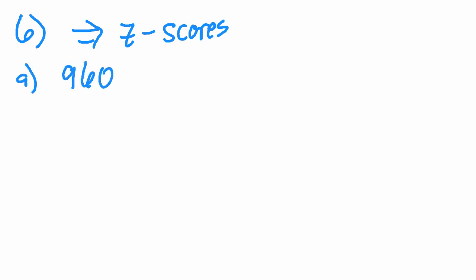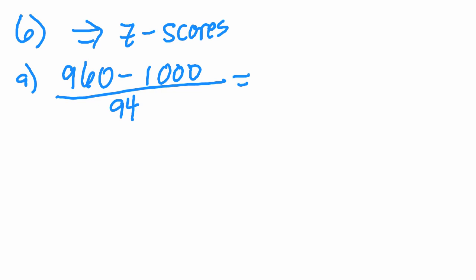For 960, it'd be 960 minus the mean divided by the standard deviation. Notice it's negative, so be careful with your signs. Okay, so that's your z-score.